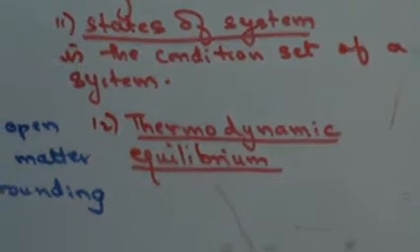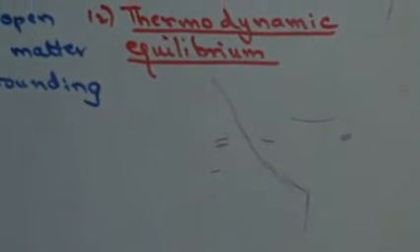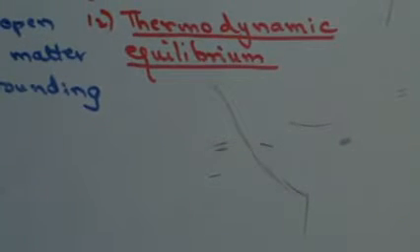A system is said to be in a state of equilibrium if all its state functions remain constant with time. If the state functions do not change with time, then the system is said to be in thermodynamic equilibrium. Right? So what is thermodynamic equilibrium?